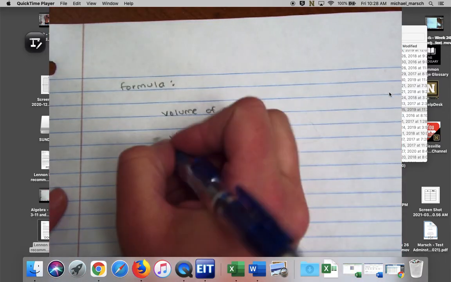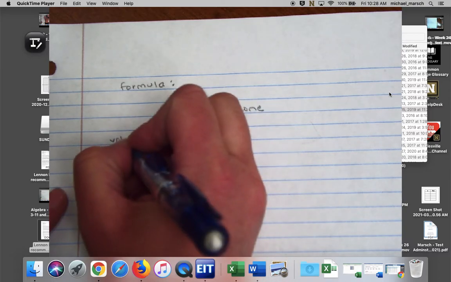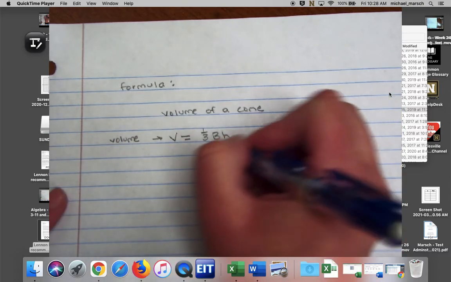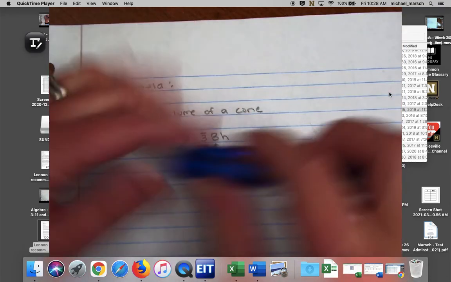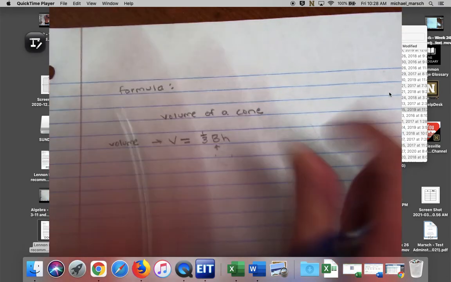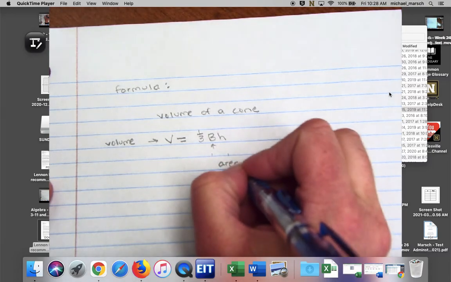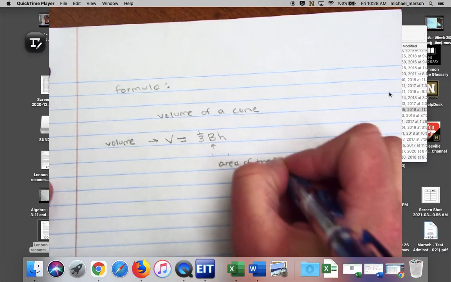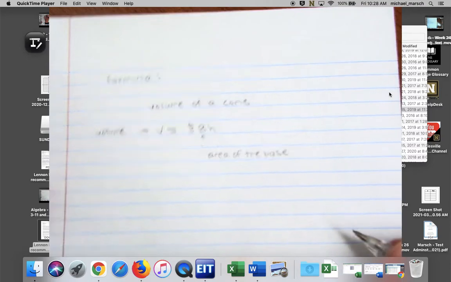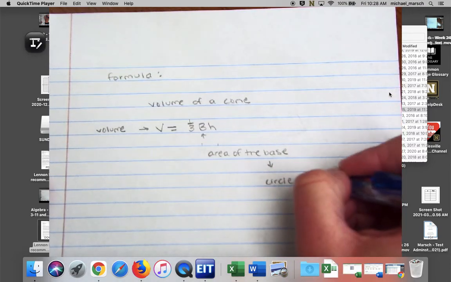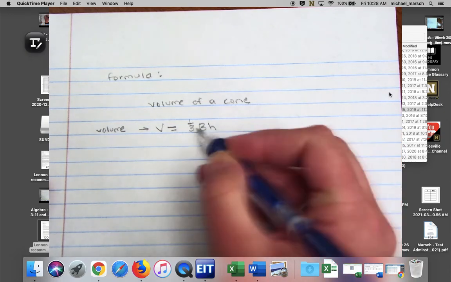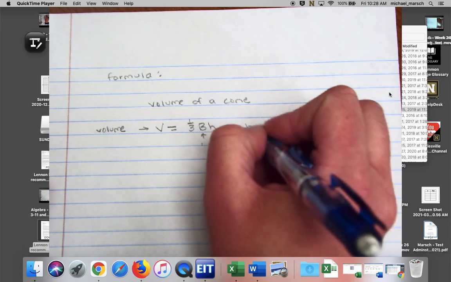So I've got my volume again. I've got my area of the base. Right? My base still is a circle. So we've got that pi r squared for that capital B, and then h is still height.